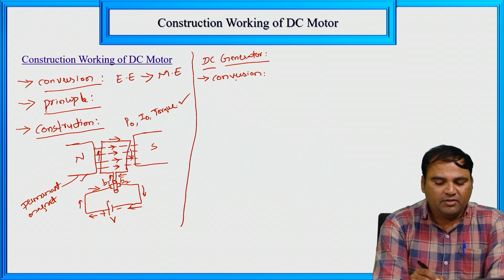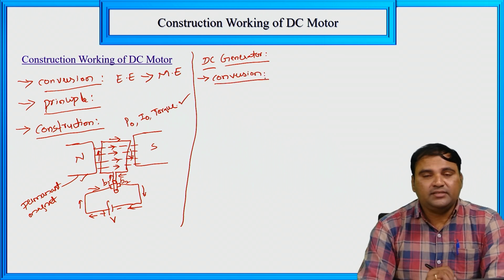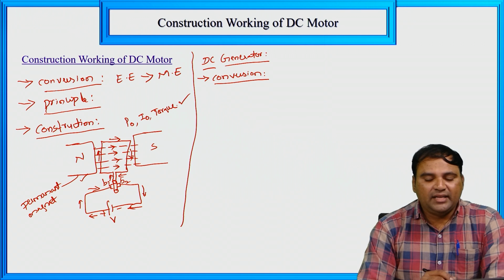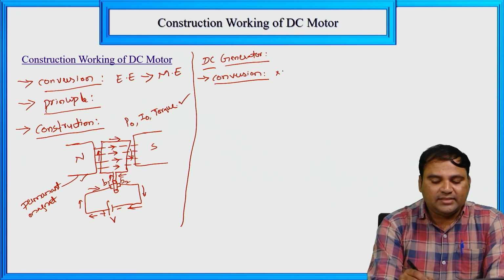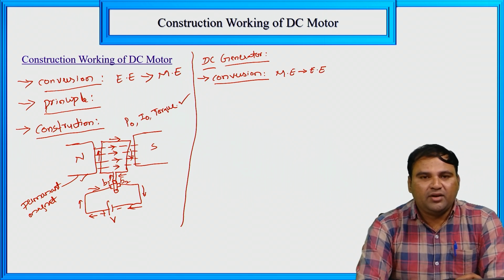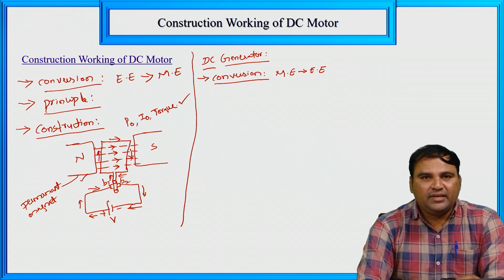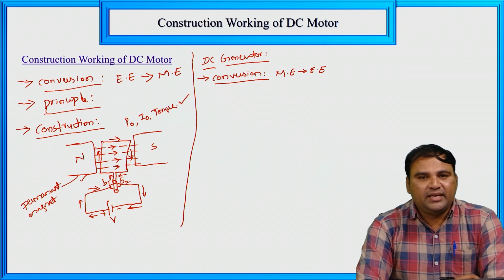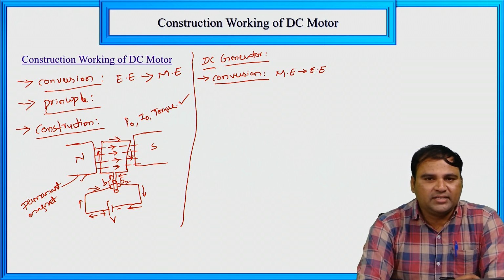The conversion of a DC generator is that it converts mechanical energy into electrical energy. Here we have to give the input mechanically, and on the output side we will get electrical output.